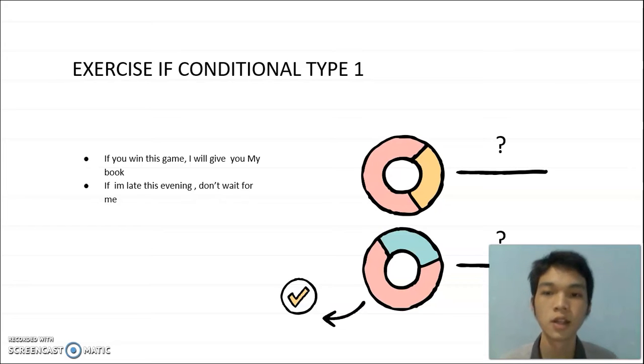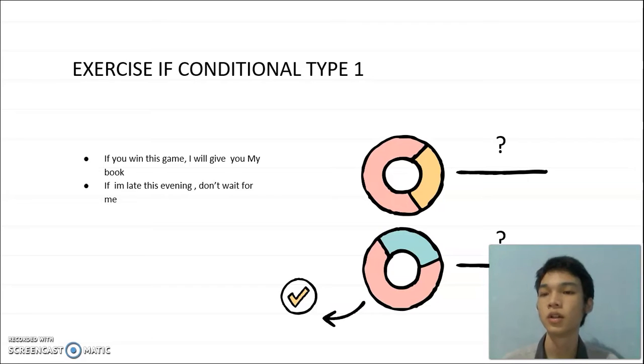But in this case it did not use will, but it can still be the if conditional type one because it still fulfills the function, which is expressing future events with real condition possibilities.